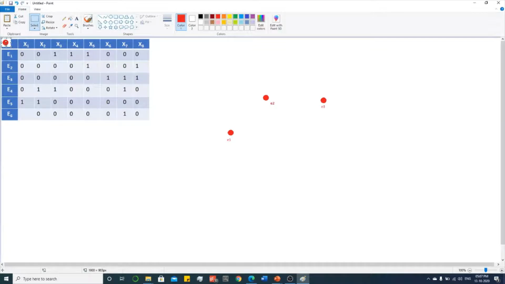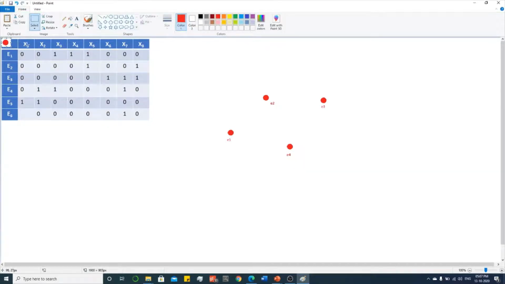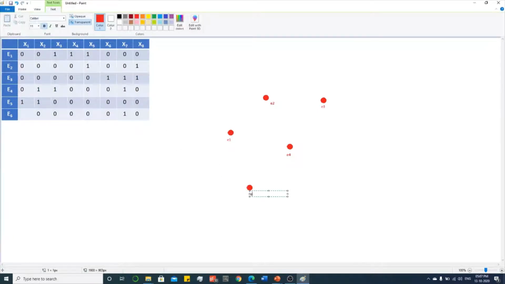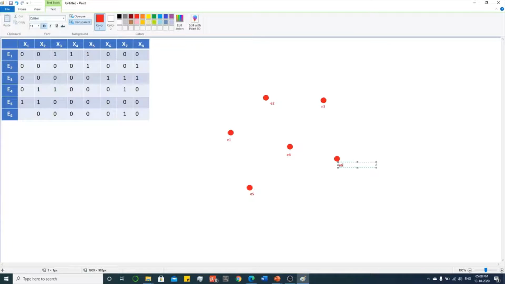Next is E4. Next is E5. And last is E6. So these are the nodes.